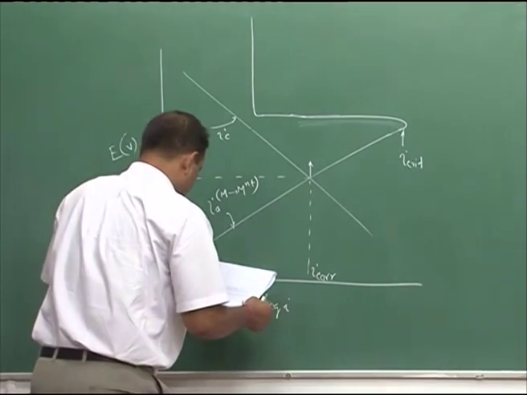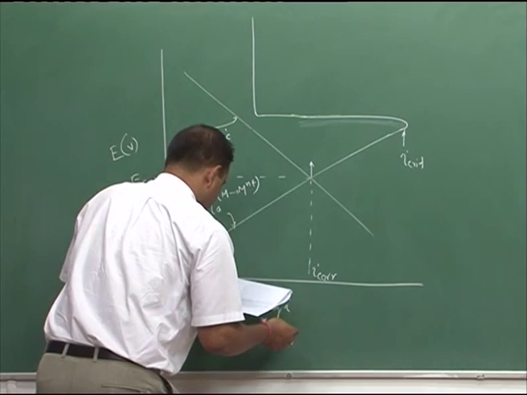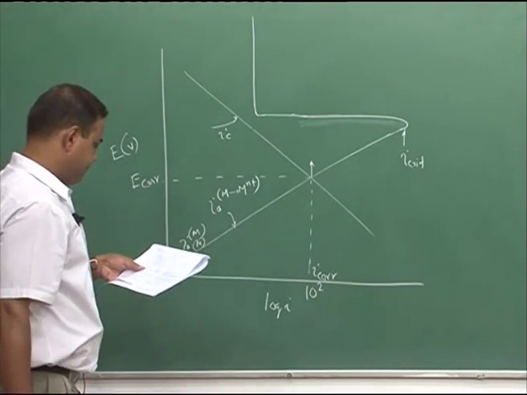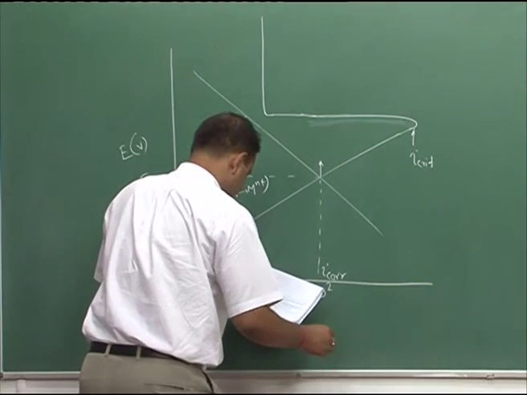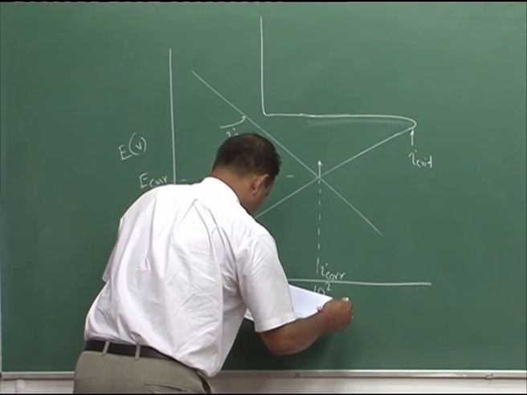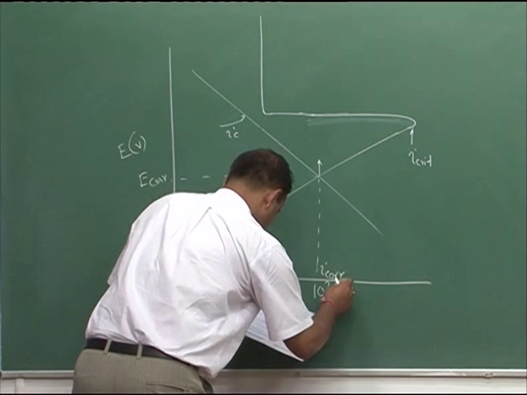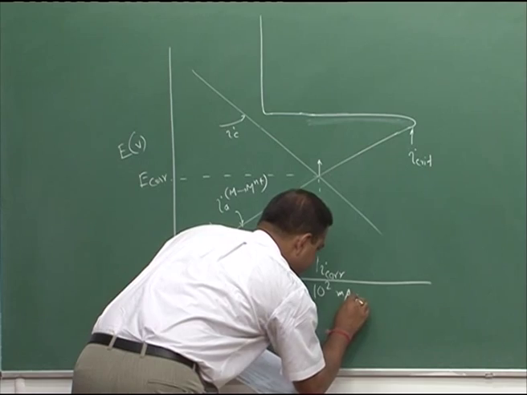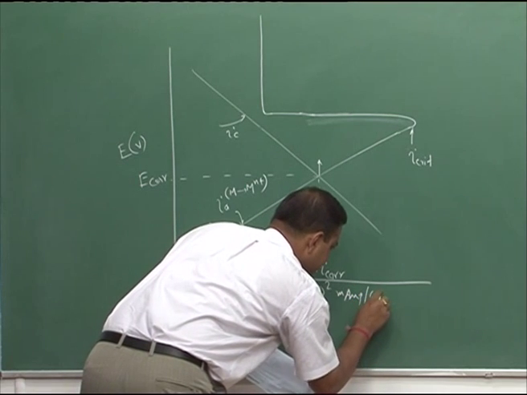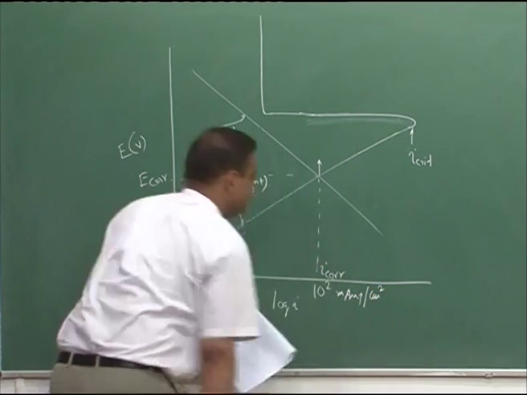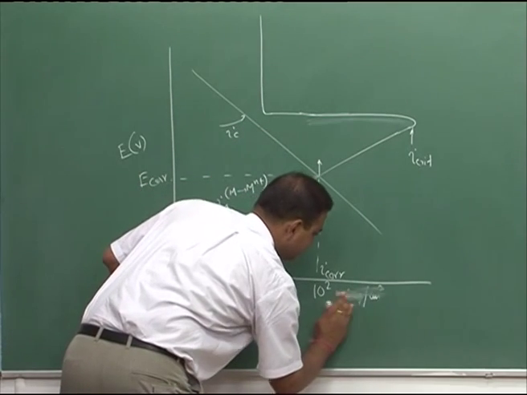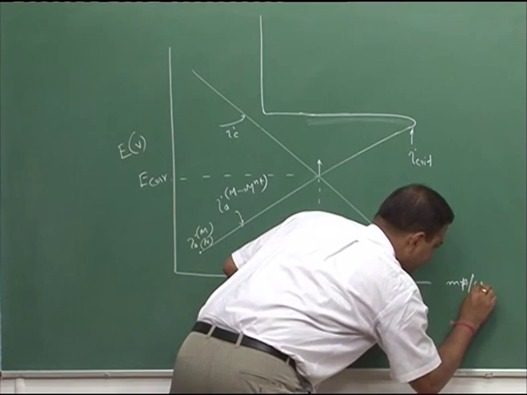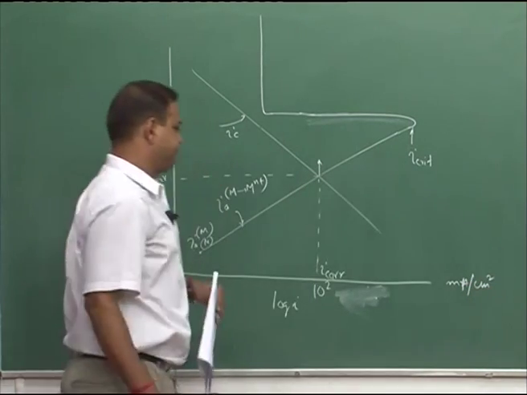Now, let us say this is 10 to the power 2 milliampere per centimeter square, and this axis is in milliampere per centimeter square.